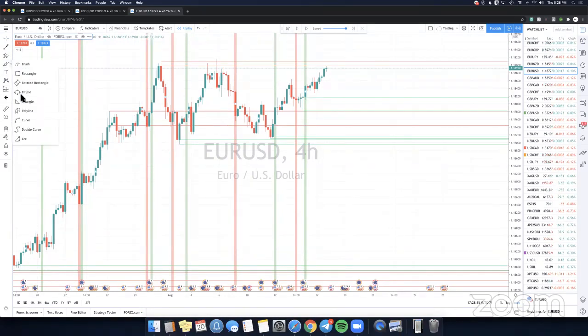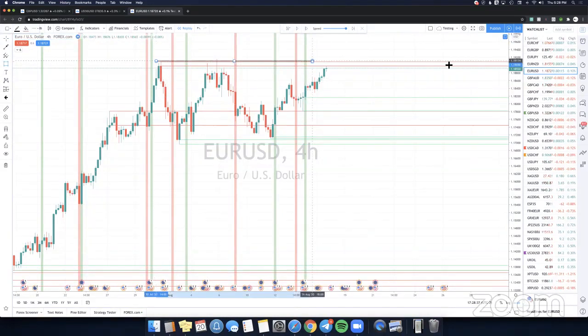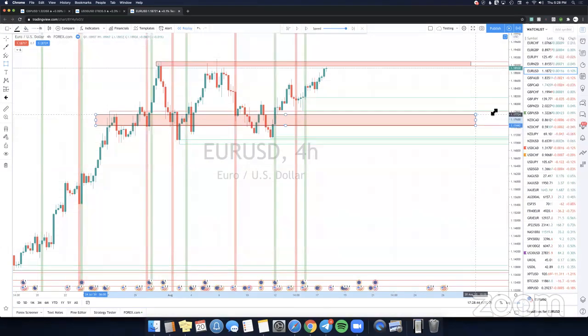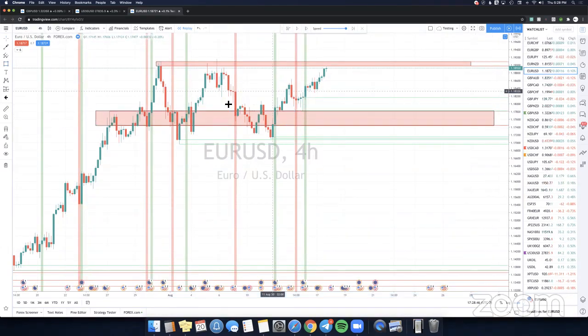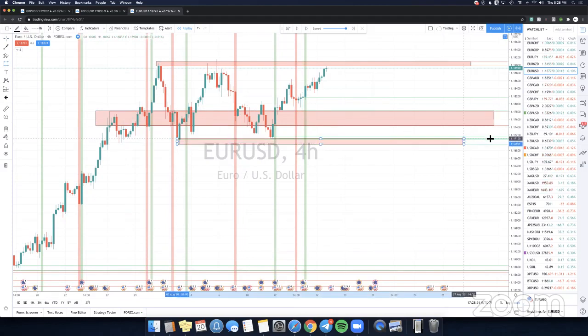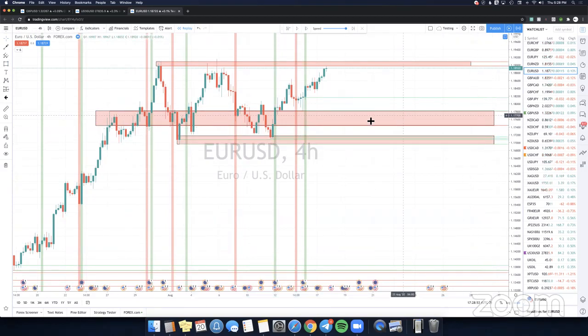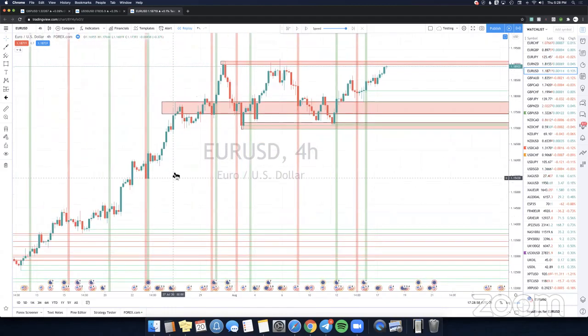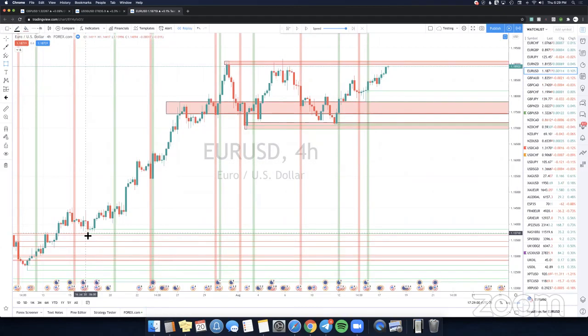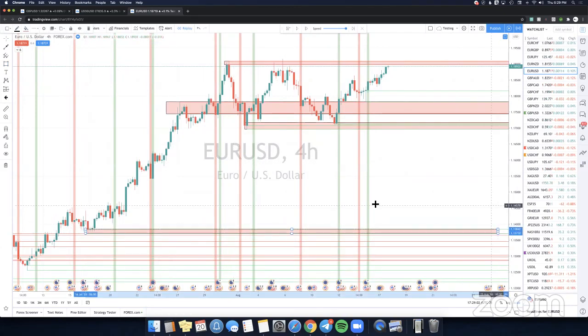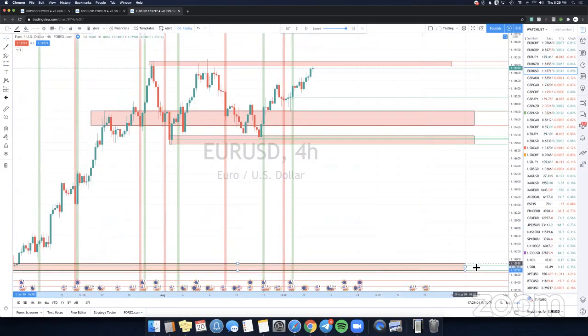So instead of having these lined up on here, I'm going to draw my own zones over them like this. And then down here. And you only really want to know where the nearby pivots are with regard to price. Like there are pivots down here, but these aren't really relevant because you're not trading down here. But it's good to know if you just want to visualize it, but it's not really necessary.